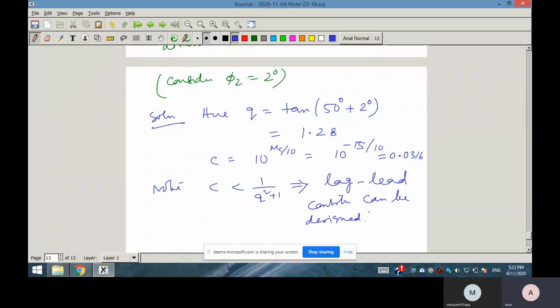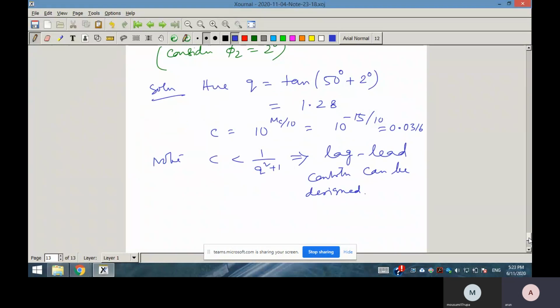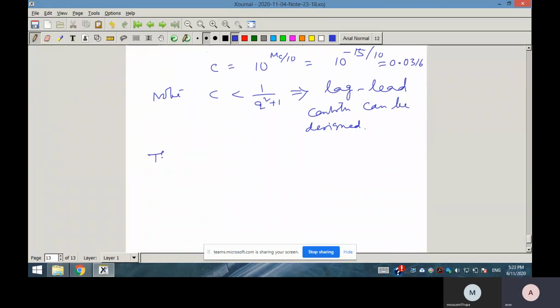So now what are the parameters we will compute? First, as I said, we will be solving the quadratic equation to solve alpha and a.